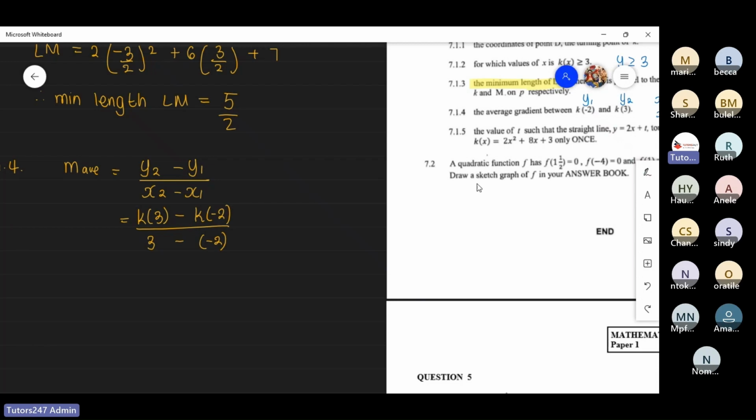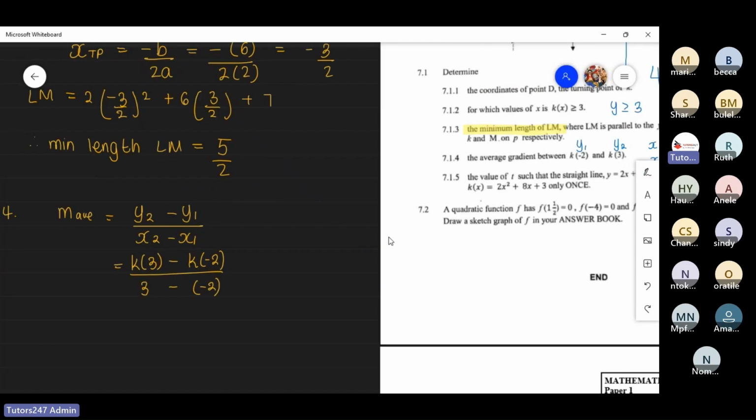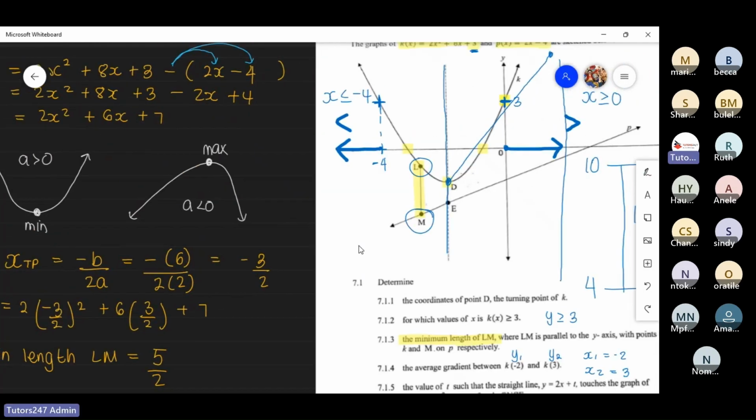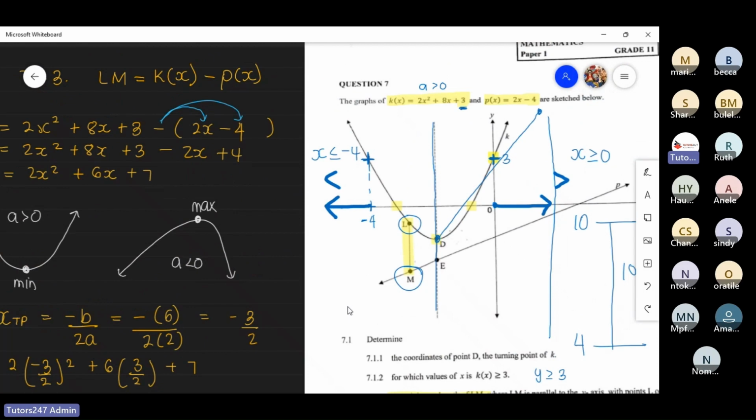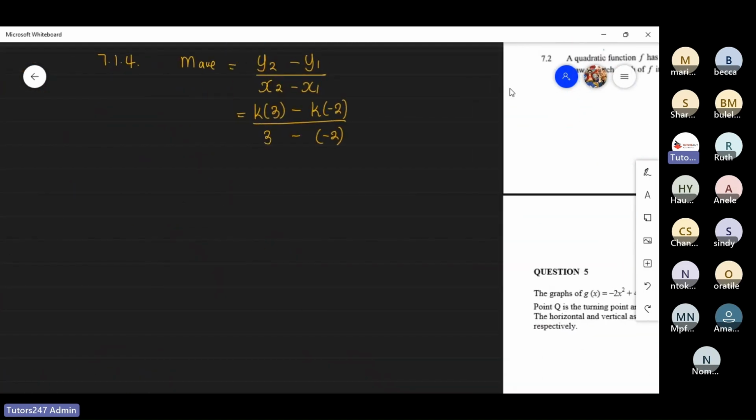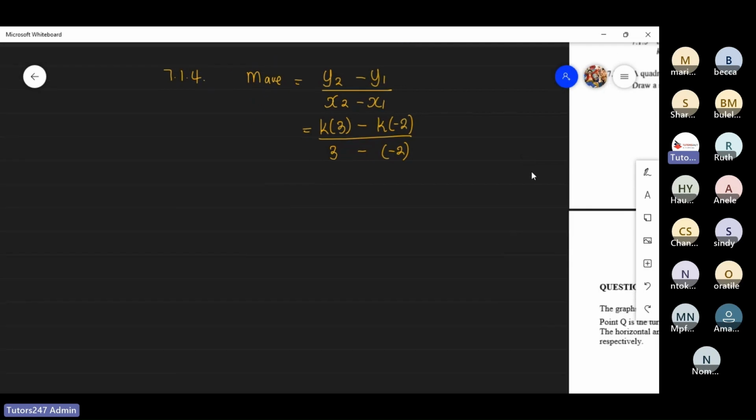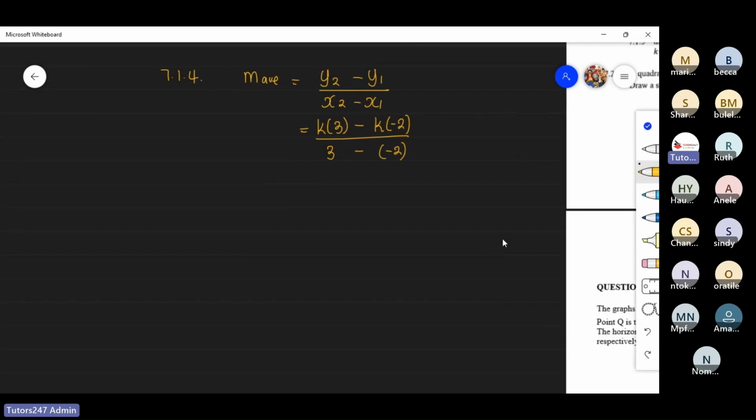So let us have a look at what our function equation is quickly. It's 2x squared plus 8x plus 3. So let us substitute that in. All we are now going to do is sub 3 and sub -2.